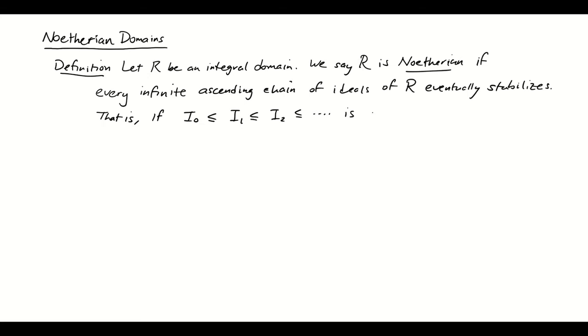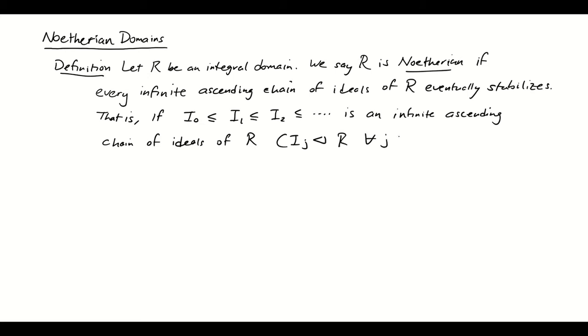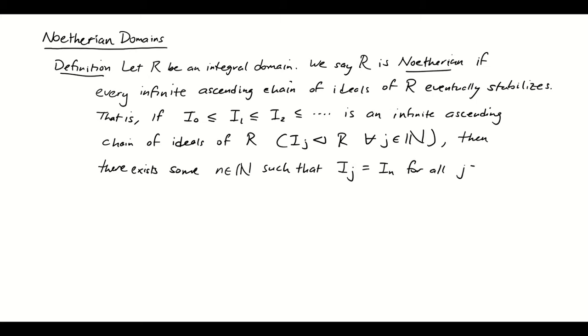If this is an infinite ascending chain of ideals of R, that is, each I sub j is an ideal of R for all j in the natural numbers, including 0, then there exists some n, a natural number, such that I sub j is equal to I sub n for all j greater than or equal to n.